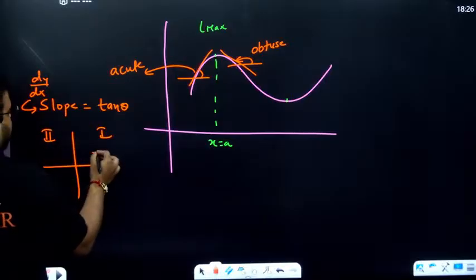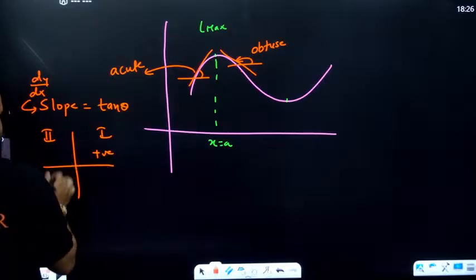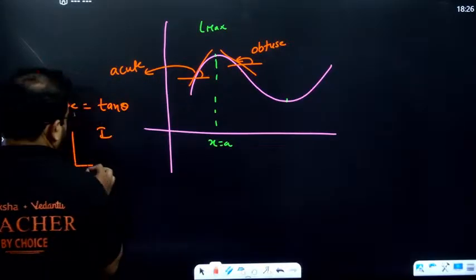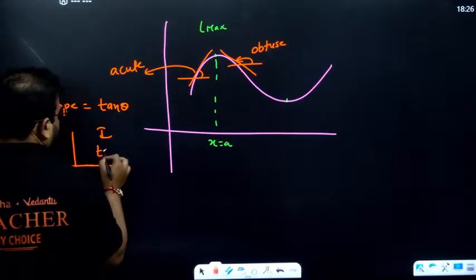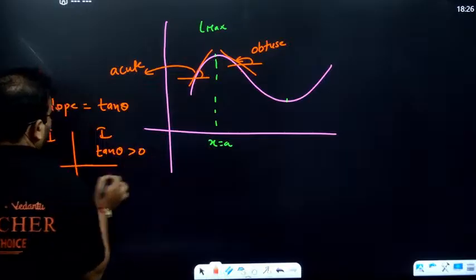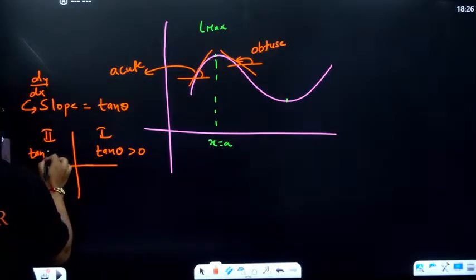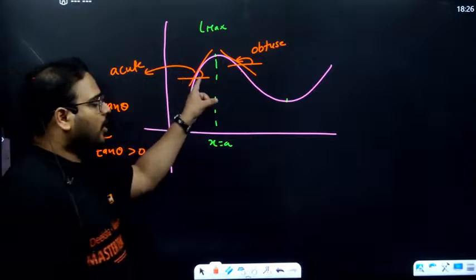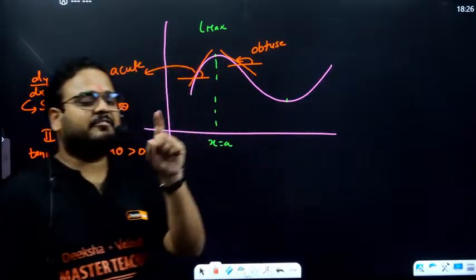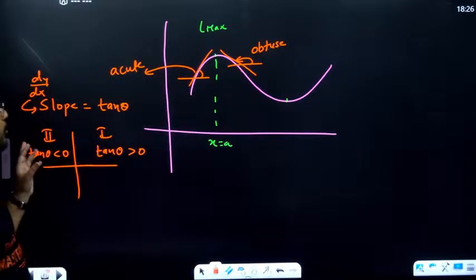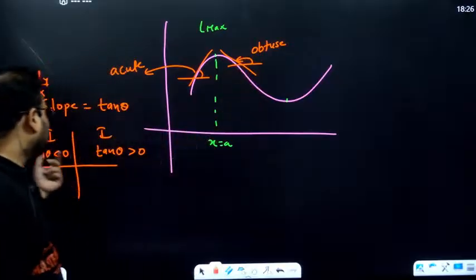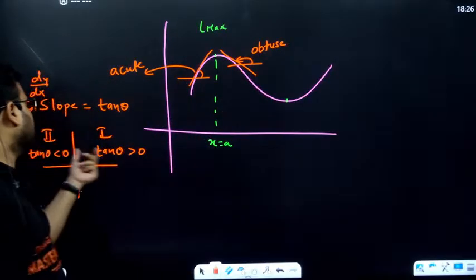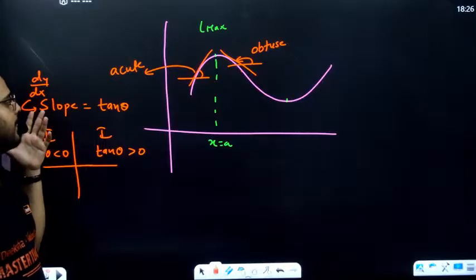Here it is positive, and here tan theta is more than 0, and here tan theta is less than 0. For all acute angles, it will lie in the first quadrant, so positive, and for all obtuse angles, it will lie in the second quadrant, which will be negative in nature. So acute because positive, obtuse it is negative. Clear, guys?